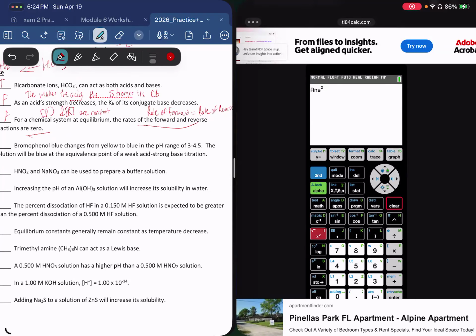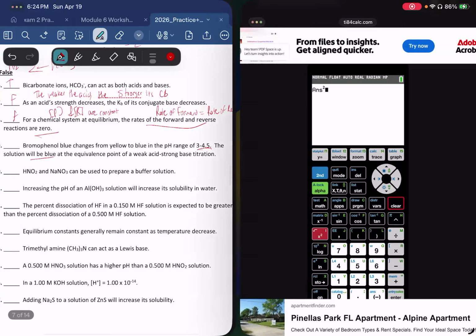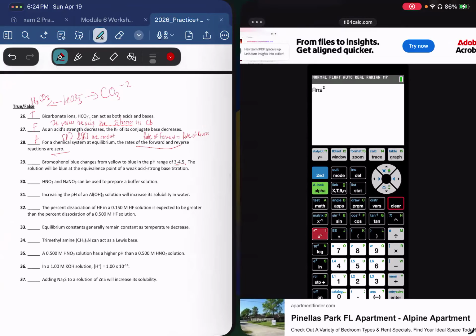29, phenol blue changes from yellow to blue at pH of 3 to 4.5. The pH will be blue with a weak acid, strong base titration. In this question, the first part isn't a lie, I think it's true.